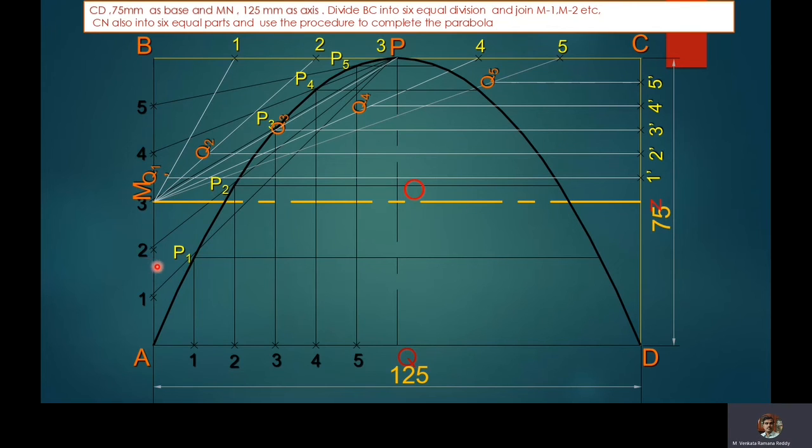For these points, we'll draw mirror images. Say Q1 dash, Q2 dash, Q3 dash, Q4 dash, Q5 dash. Now join all these points with the help of a smooth curve.